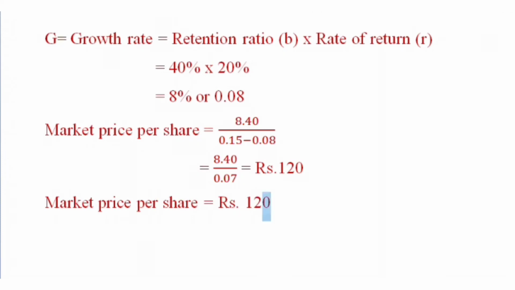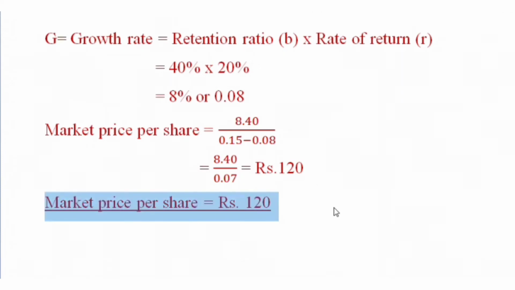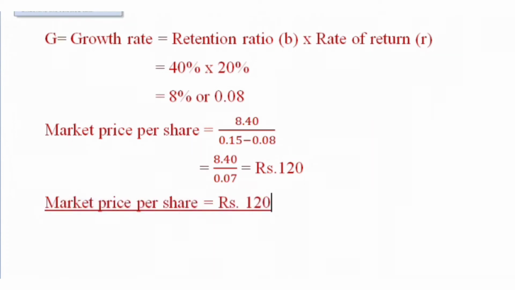Next, we are going to find out the market price for retention ratio 60%. We can justify here that if a firm is a growth firm, the market price will differ based on the payout ratio.